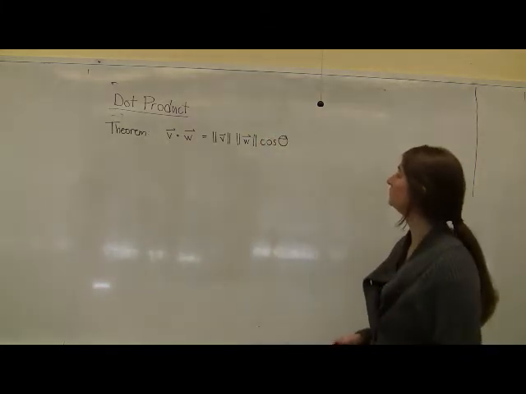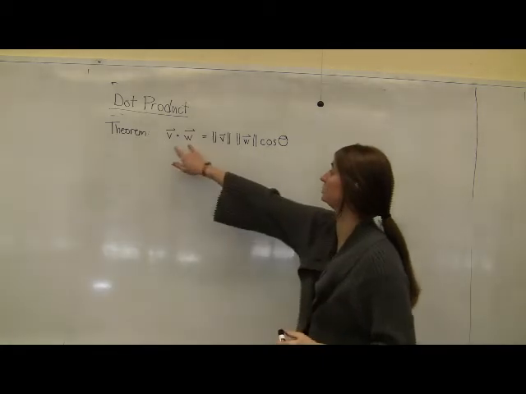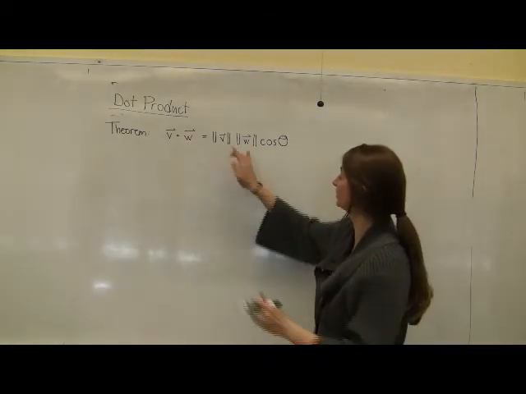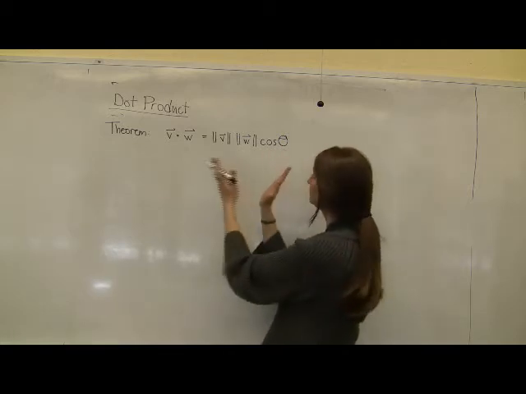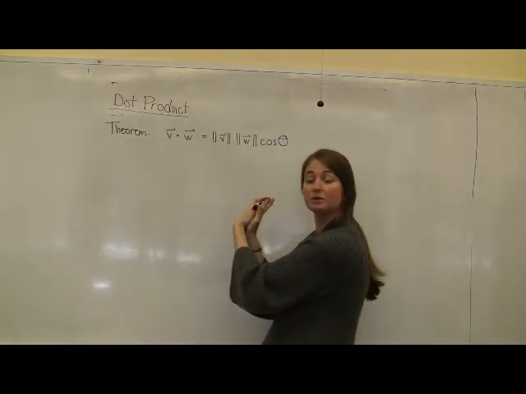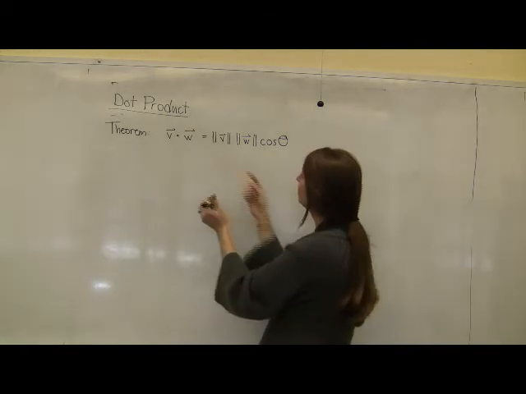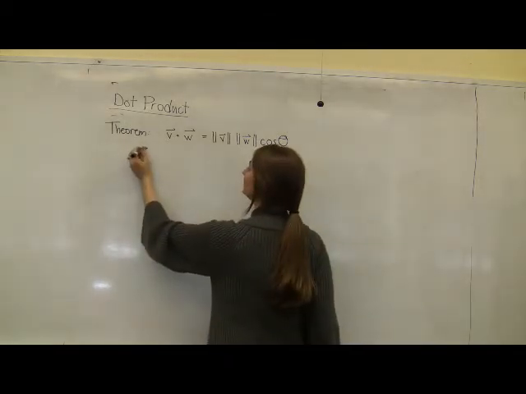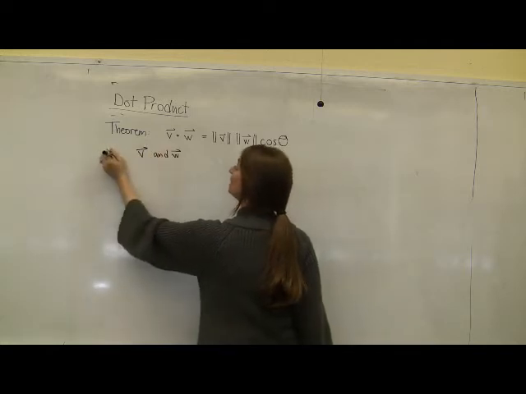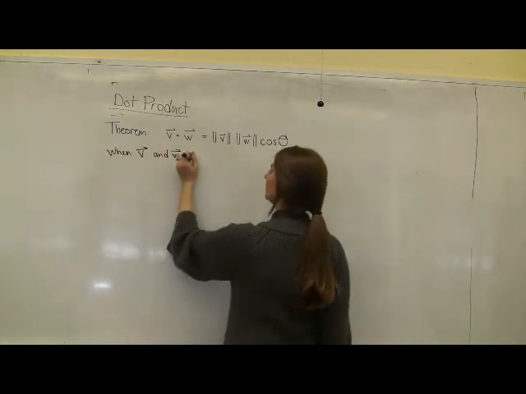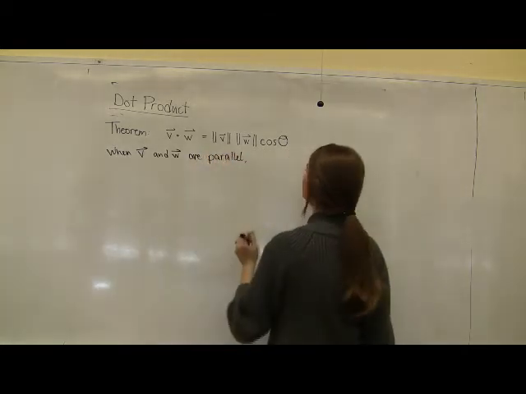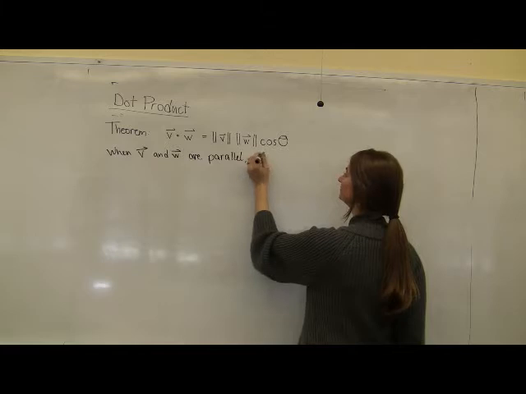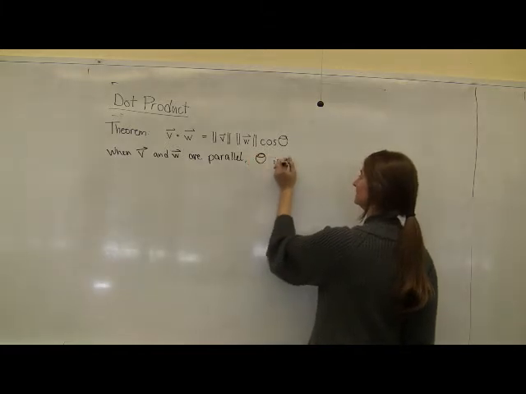We just saw an example where the vectors were parallel to one another. When they're parallel to one another, the angle between them is actually 0. And what's the cosine of 0? The cosine of 0 is 1. So we just saw a special case: when v and w are parallel, then the angle between them is 0.